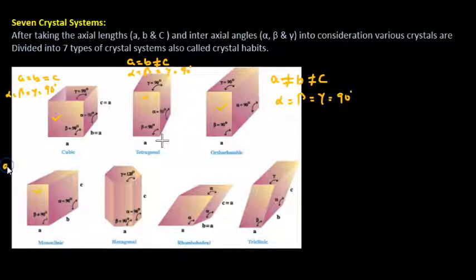So A is not equal to B is not equal to C, and alpha is equal to gamma is equal to 90 degrees, but beta is not equal to 90 degrees.